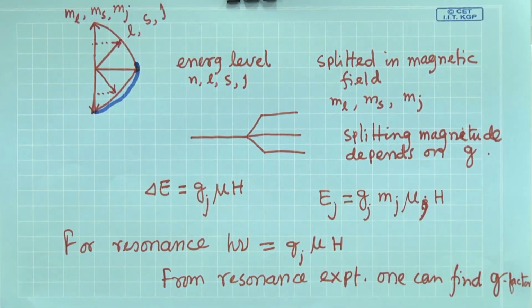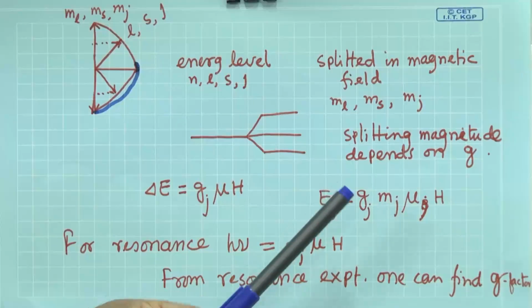mu j H. Okay. For a particular j, it will have different mj values. So, how to find the mj values, that you know. The number of mj values will be 2j plus 1. Okay. If j is half, mj will be plus half and minus half. Okay. 2j plus 1, so j is half, it is 2, it will be split into 2 energy levels.